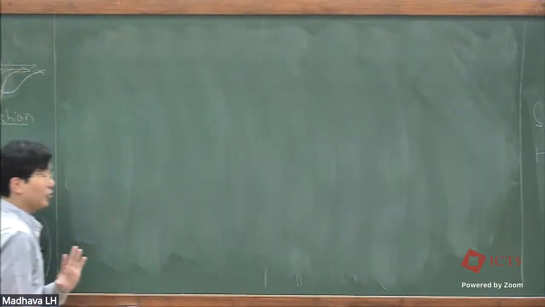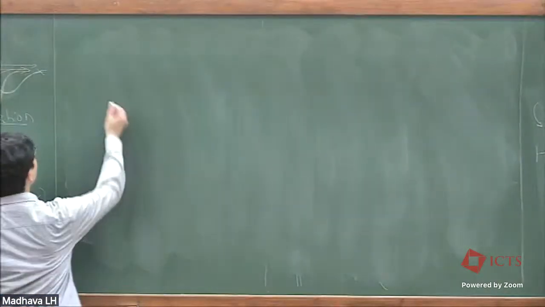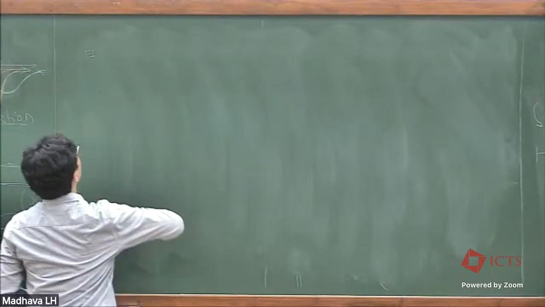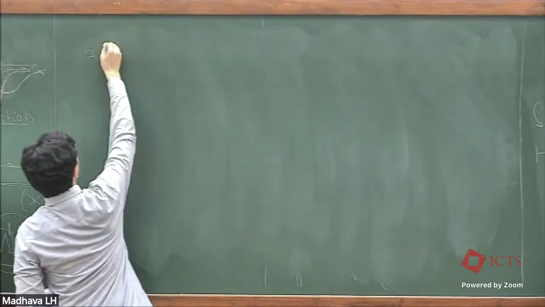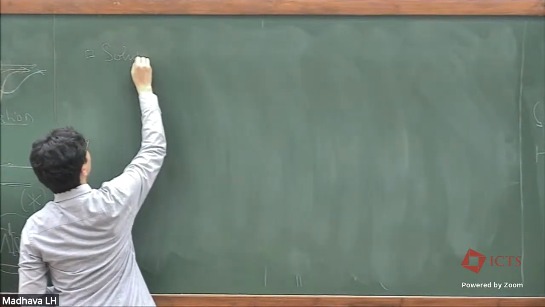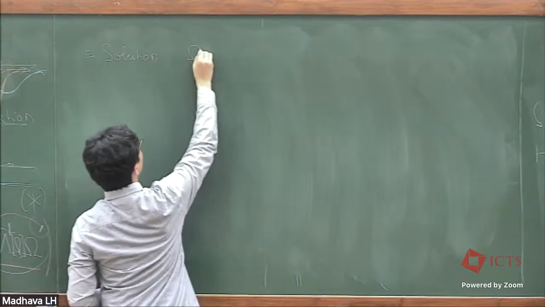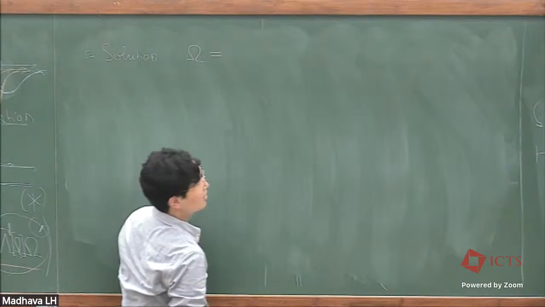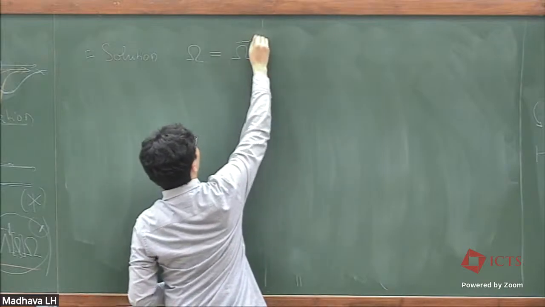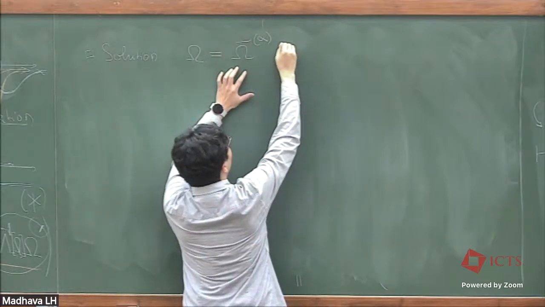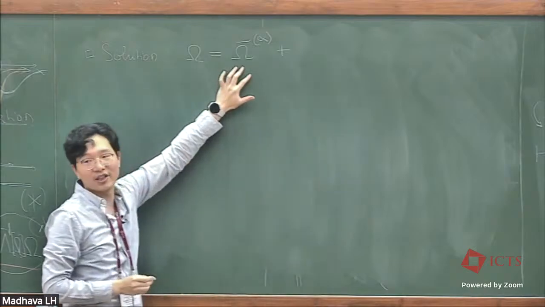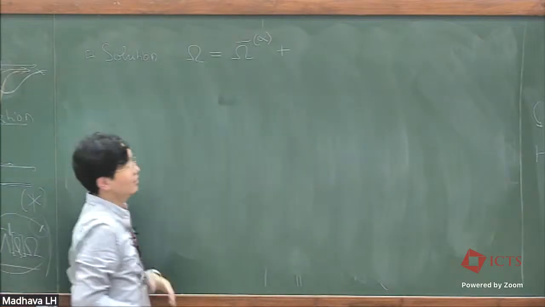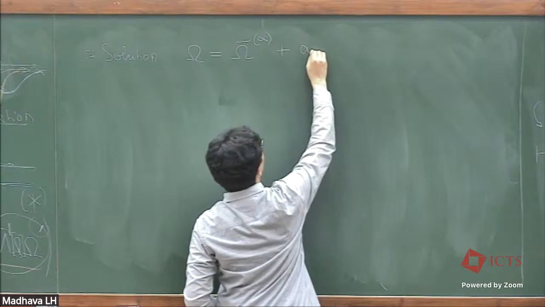So here is what you imagine. Imagine that we want to find a solution of the form of this equation, which is omega bar alpha, this is explicit, plus a small perturbation, which is hopefully of size alpha.